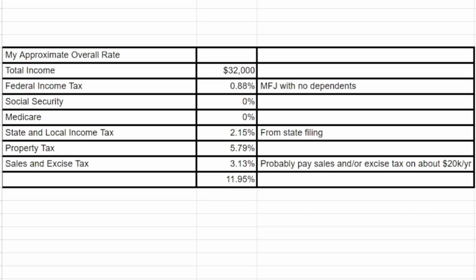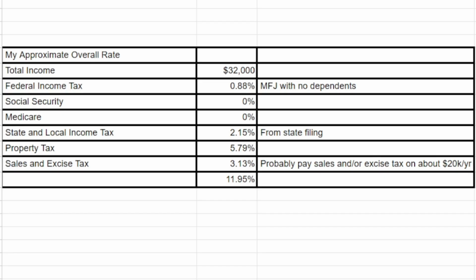This I really had to guess at because I probably pay sales and or excise tax on about $20,000 a year at around 5%. Obviously, some things are higher. Gasoline, which I don't buy a lot of, is taxed pretty high. That would increase it. And then obviously a lot of things aren't taxed.